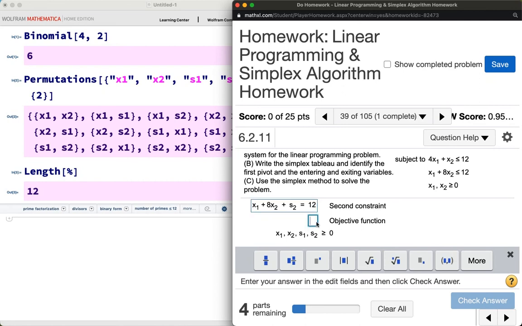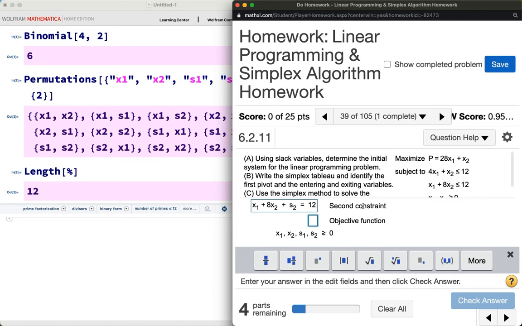The objective function is going to be, right over here, negative 28x1. Notice that these variables are going to be put on the other side of the equal sign, and that's why their signs have to change. The negatives become positives and the positives become negatives.